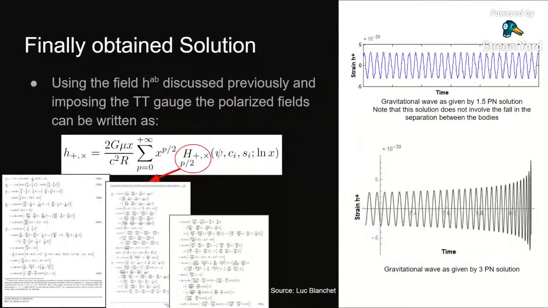If you see over here, the strain is of the order 10 power minus 20. This is still just the simulation for two black holes which are at around 20 times mass of sun.